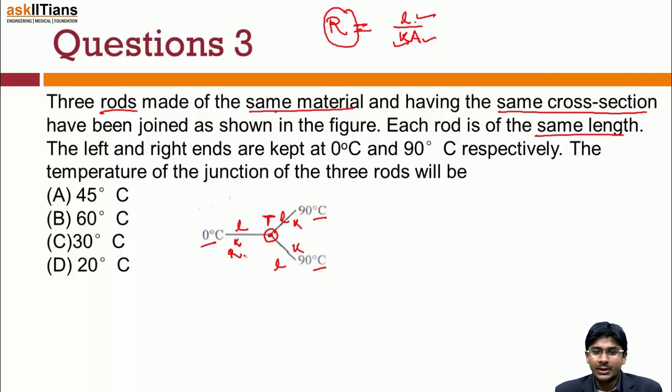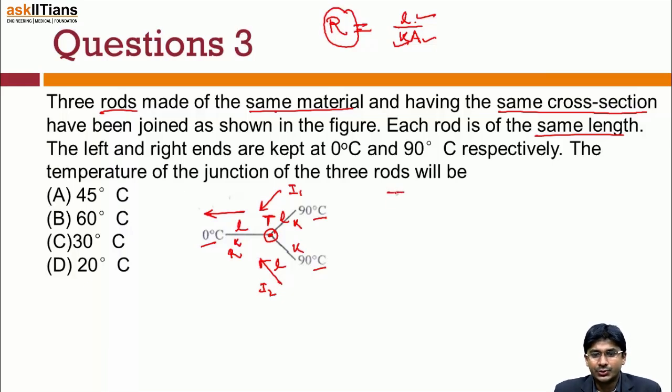Now, as I said, you can apply all the laws pertaining to current. Let us denote this by I1, this is I2, and this is I. Whenever I say current here, I mean thermal current.